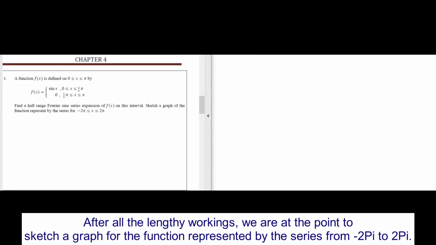After all the lengthy workings, we are at a point to sketch a graph for the function represented by the series from negative 2 pi to 2 pi.